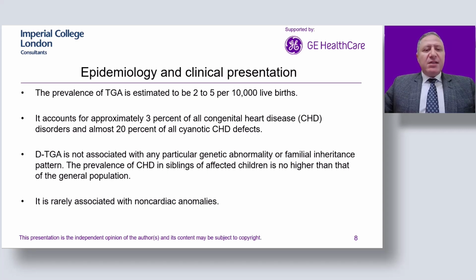The DTGA is not usually associated with any particular genetic abnormality or familial inheritance pattern, which is good news. And the prevalence of CHD, congenital heart disease, in siblings of affected children is no higher than the background population. And it is rarely associated with non-cardiac abnormalities, as we demonstrated on our anomaly scan.